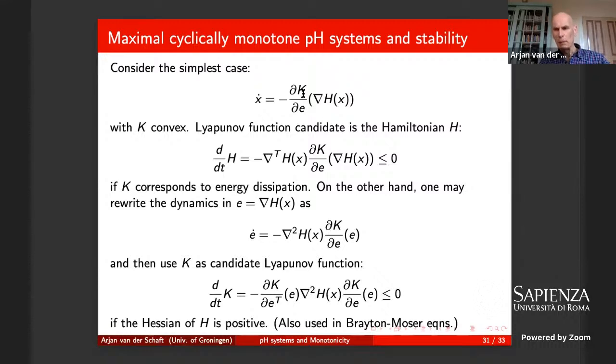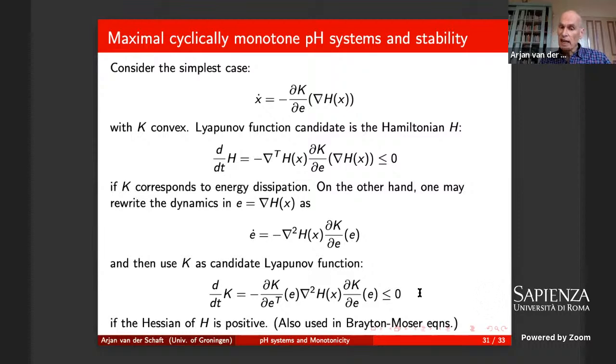So you have a nonlinear damper, x is the momentum, and the Hamiltonian in that case is just the kinetic energy. So the gradient of the Hamiltonian is just the velocity of the mass. So you have a term over here depending on the velocity of the mass, and what you are trying to do here is to use this Rayleigh dissipation function as a Lyapunov function.